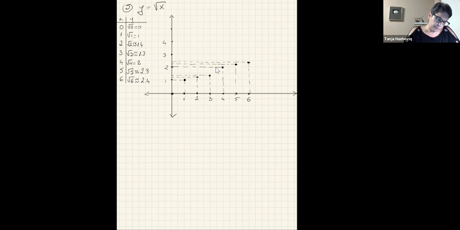So if you were to connect this, I didn't do apparently a good job, but I'm gonna clean this up.